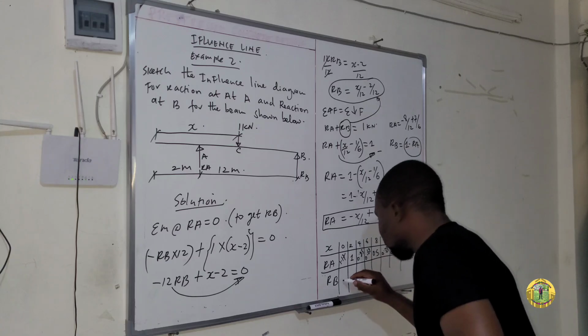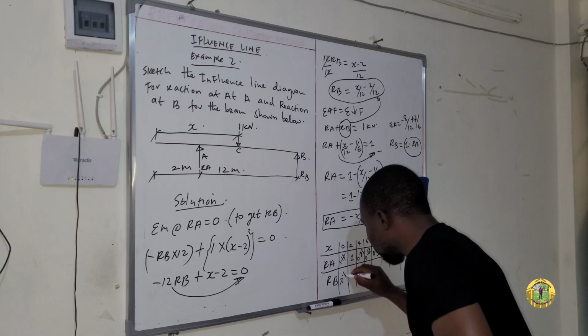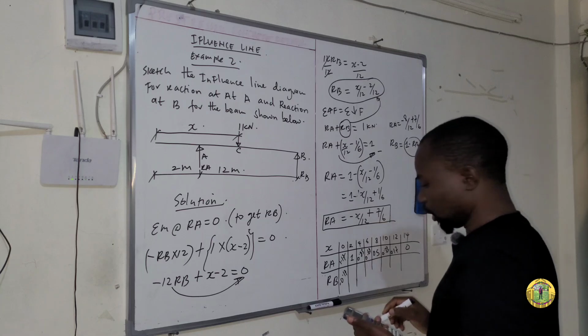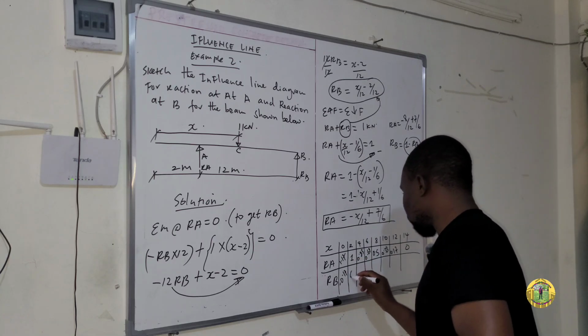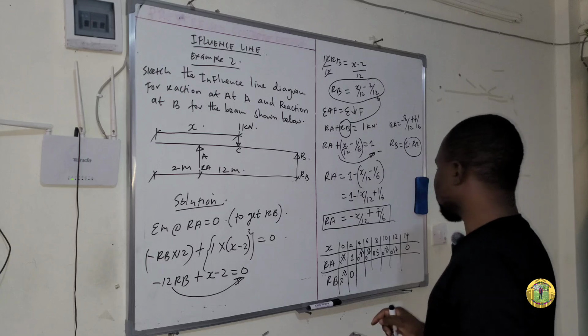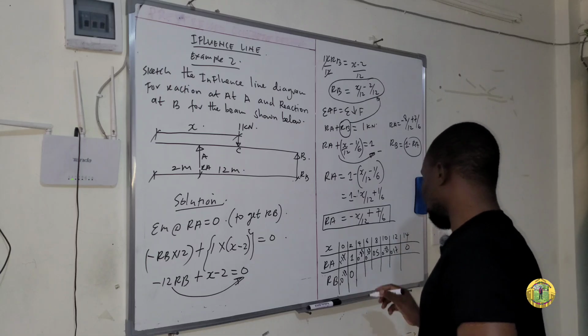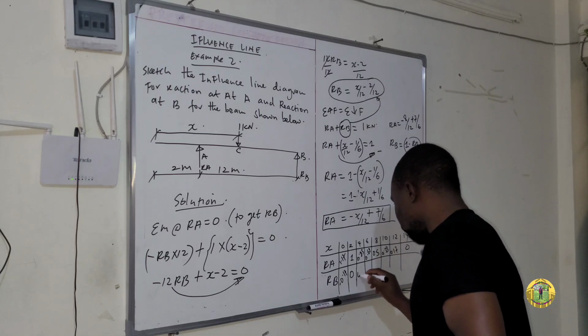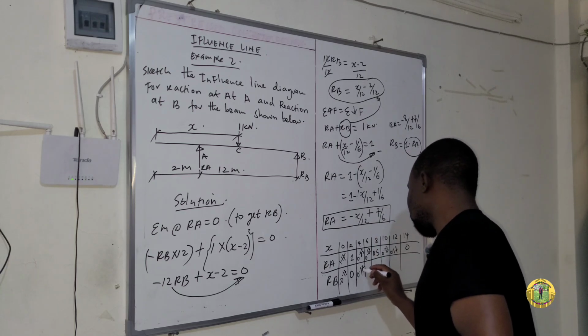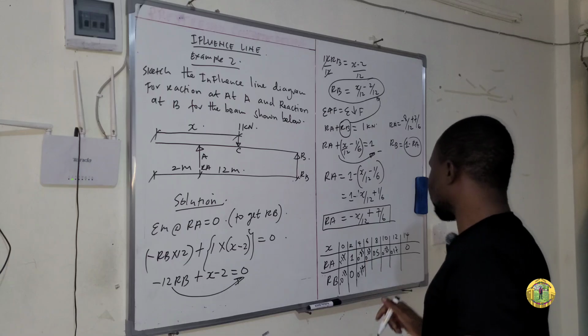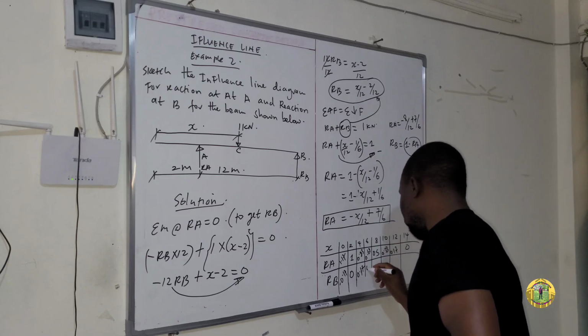So this is negative 0.17. Again, you'll come here: 1 minus 1 is 0. You'll come here: 1 minus 0.83, this is 0.17. Then 0.67, this is 0.33.